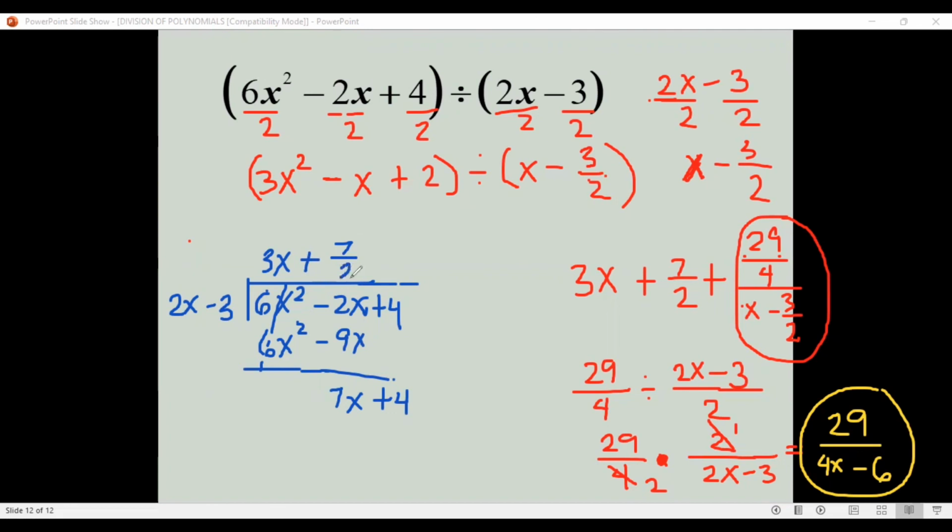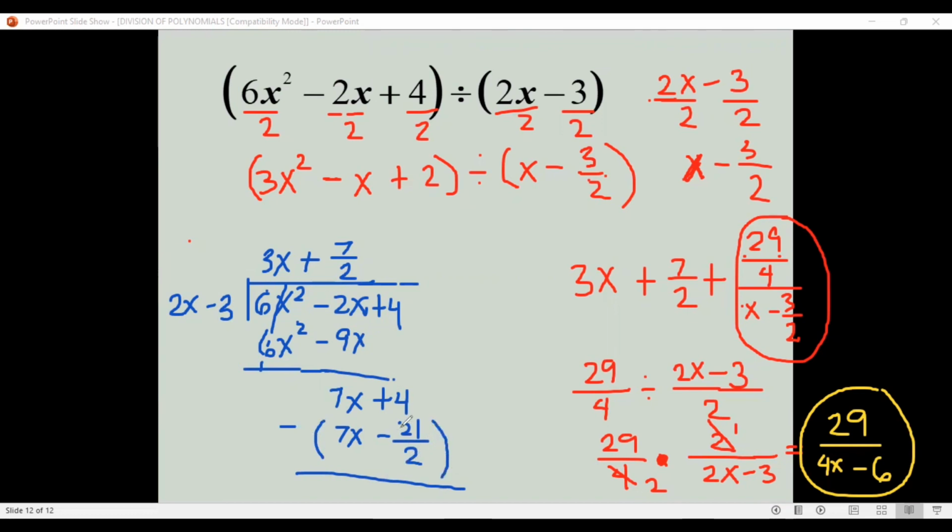So 7 over 2 multiplied by 2x, that results to 7x. And then you will now have negative 21. Okay, that is 7 times negative 3. So that is negative 21 over the denominator, which is 2. So from here, you have now 4 minus the negative of 21 over 2.